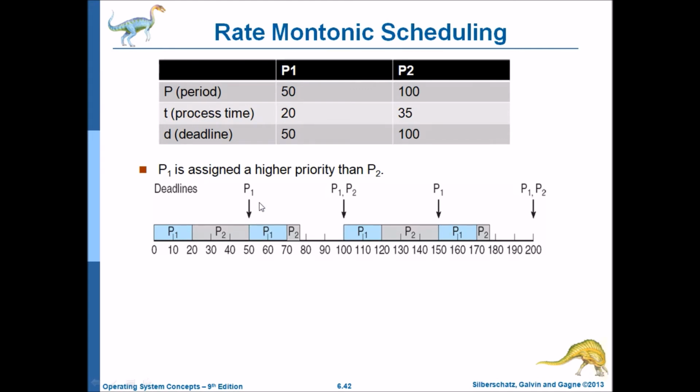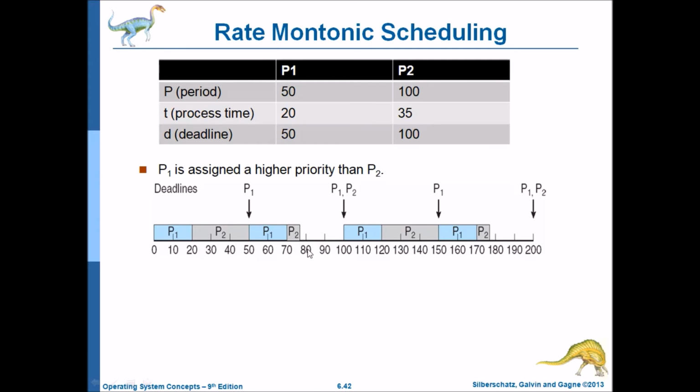At this time, it is preempted by P1, although it still has 5 milliseconds remaining in its CPU burst. P1 completes its CPU burst at time 70, at which point the scheduler resumes P2. P2 completes its CPU burst at 75, also meeting its first deadline.